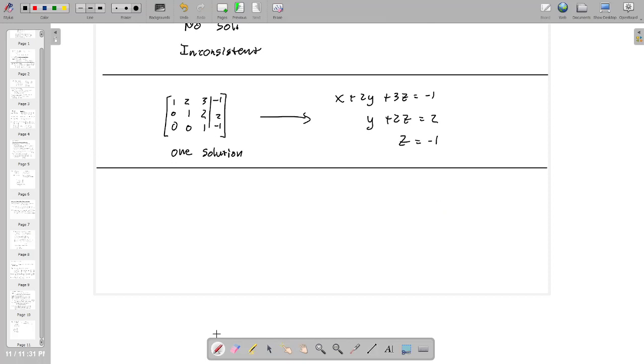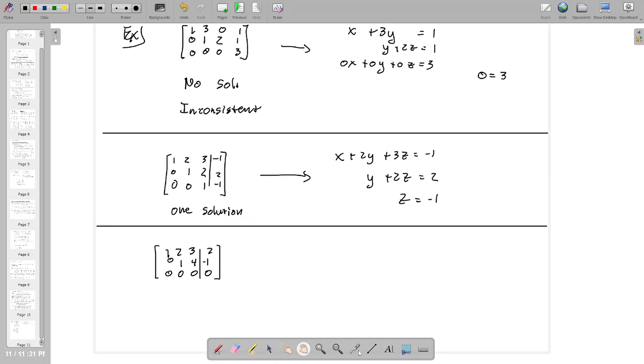Now infinitely many solutions is a bit trickier. So maybe we have 1, 2, 3, 2, 0, 1, 4, negative 1, and then 0, 0, 0, 0. Now here, it might look like it's inconsistent. Notice that we have a row of zeros, just like the inconsistent case, except this one represents an equation that is 0 is equal to 0, which is not untrue.